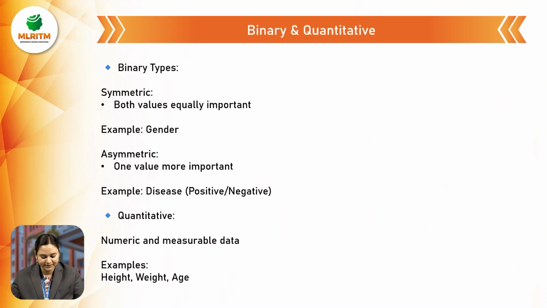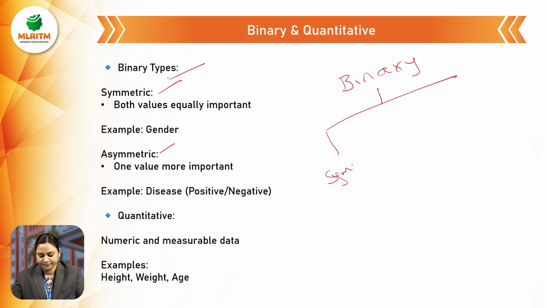And the next one is binary and quantitative. Here we are discussing binary and quantitative. Binary types are symmetric and asymmetric.